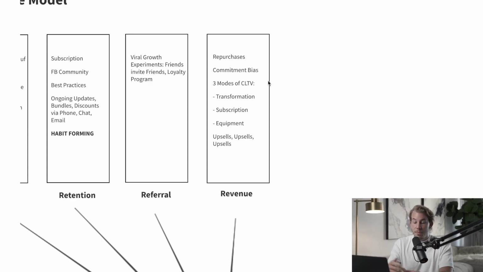Transformation, subscription, equipment. I can talk about all this stuff in more depth in other courses like the Sales Funnel Strategy course. Overall, it's about selling more products to the customer, getting him to become a brand ambassador that just falls in love with your brand and buys everything that you have to offer because he knows how beneficial the purchase is for his life.